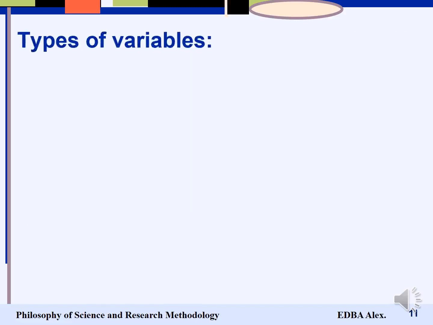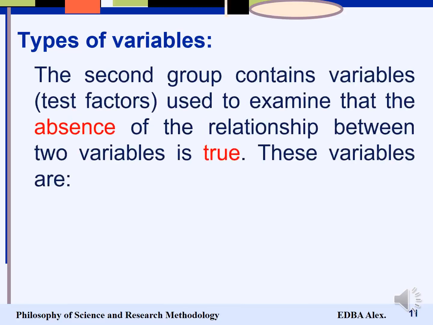The second group is the test factors that can help us examine whether the absence of a relationship between two variables is true. The first group enables us to examine whether the existence of an observed relationship is true or not.